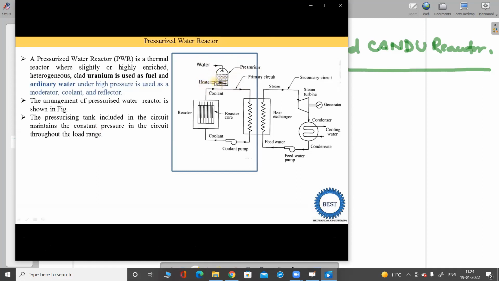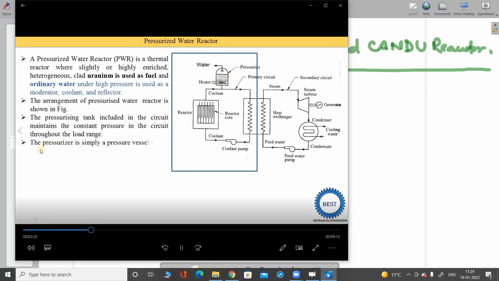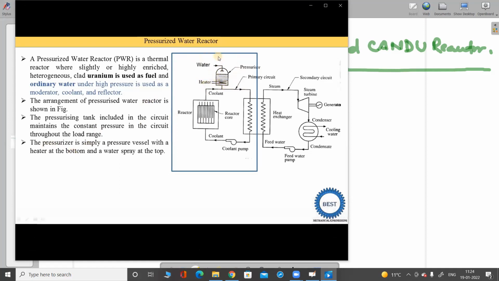Means this outer part is called the vessel. The pressurizer is simply a pressure vessel with a heater at the bottom and the water is sprayed at the top. Means at the bottom of this pressurizer, here you see one electric heater is put, and from the top the water is sprayed.